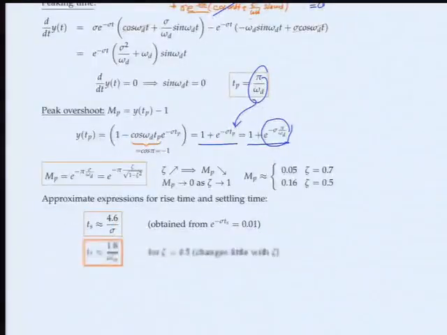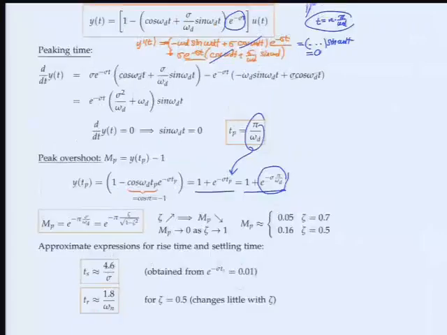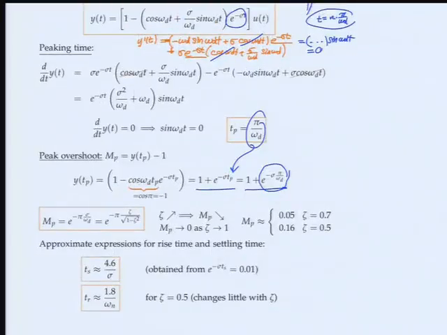If you look at the things that I didn't talk about yet, the settling time and rise time, they either have omega n directly in the denominator, or they have sigma, but sigma is omega n times the cosine of theta, right? So omega n is always in the denominator, because that makes the role of omega n clear. Zeta determines the shape. As you can see in the peak overshoot, it depends only on zeta.